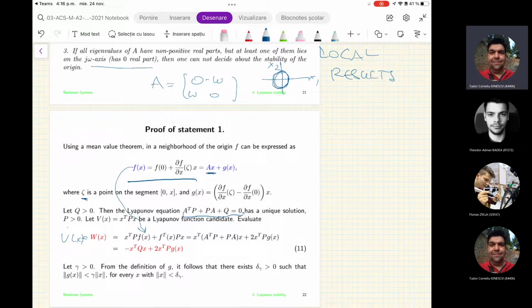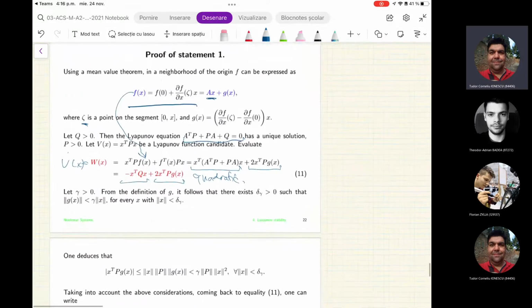And substituting, you get two terms. You get the quadratic term, and you get the higher order term. This is the quadratic term. And because you have this equation, you can easily write this.